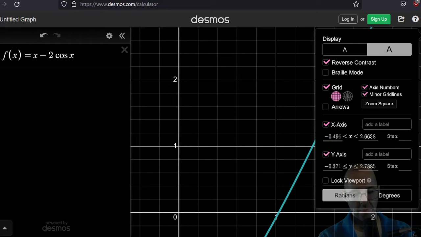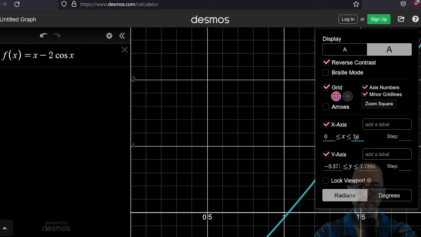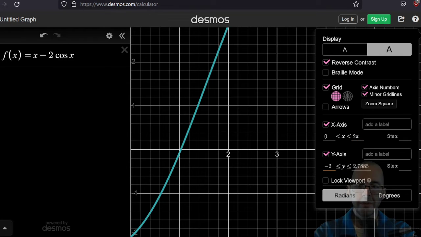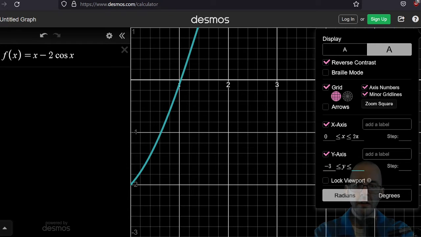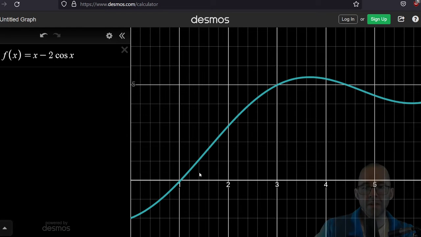And we only care between 0 and 2 pi. All right, we're going to have to zoom out a little bit. All right, so we're looking on this interval. Where is the slope 2?